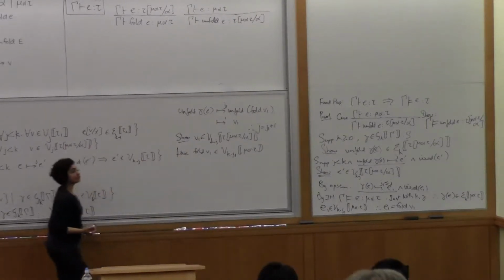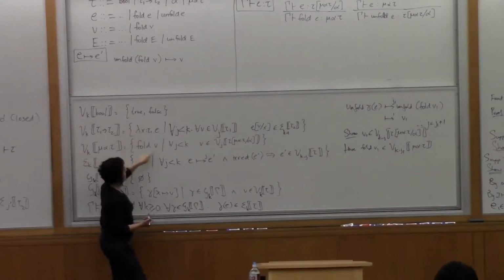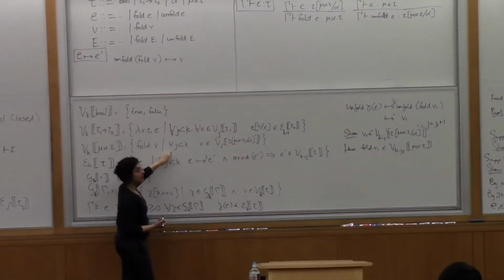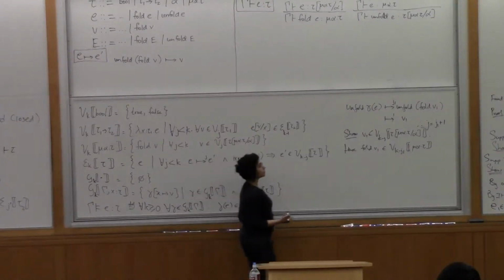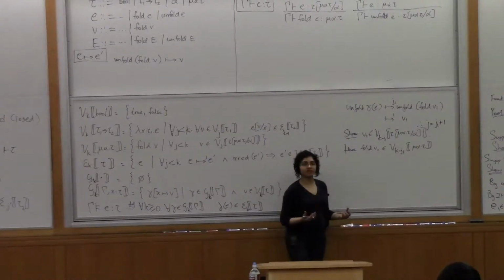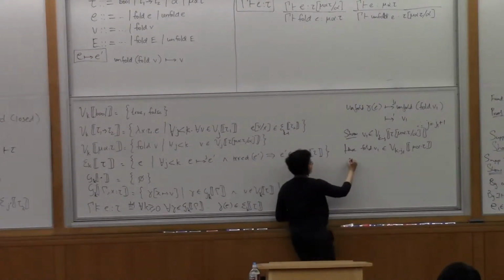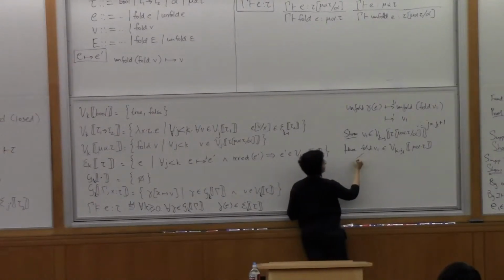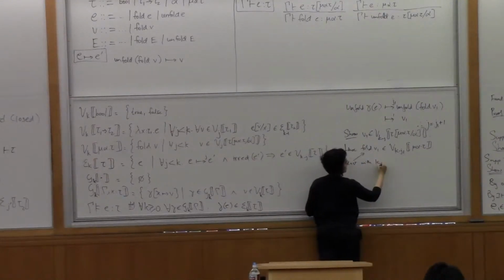Let's go look at the definition of fold, recursive types. Well, that says that for all j less than k, V belongs to this. Do we have a number less than k that we want to use here? Right. So let's just instantiate this definition with k minus j.